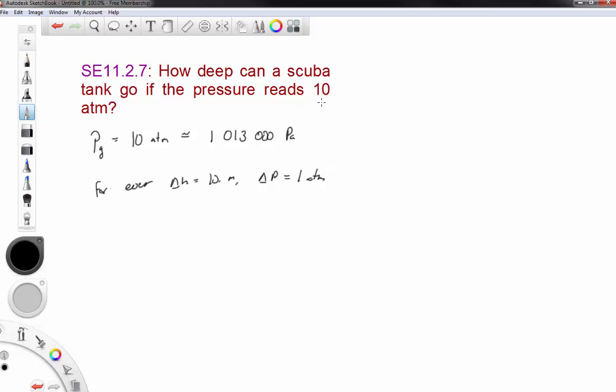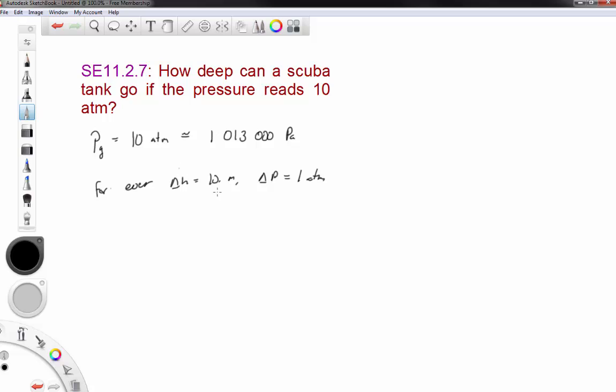So we already have 1 atmosphere above the water. So the gauge reading is basically the reading that is equivalent to how much outside pressure you have when you're sitting at the surface. If you have 10 atmospheres gauge reading, then you can add 10 atmospheres worth of pressure from the water outside of the tank before the water pressure becomes great enough that if you were to puncture the tank, water would rush in rather than air rushing out.